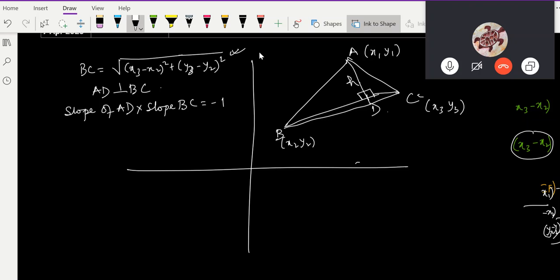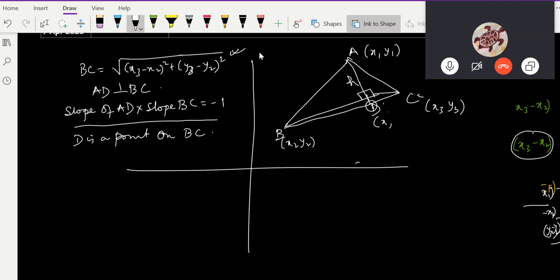Okay, this is how we have to find the coordinates of the point D. So this is one thing that we have to use. The other thing that we have to use is D is a point on the line BC, right?